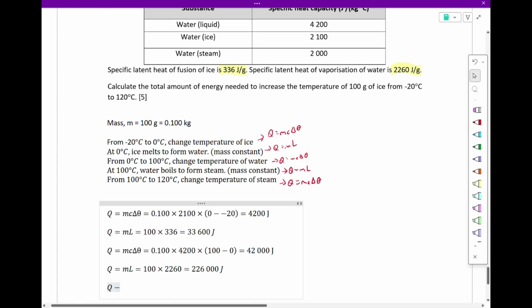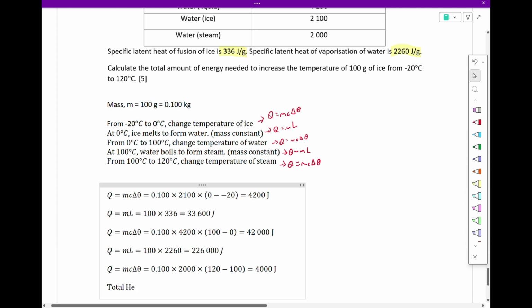And last but final, Q equals to mass, same thing, 0.100 times, for steam it is 2000, and for your temperature it is 120 minus 100. Okay, so 0.1 times 2000 times 20, get 4000 joules.